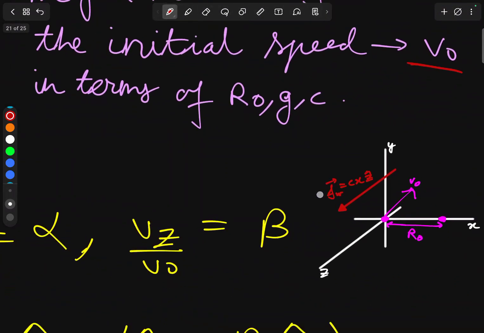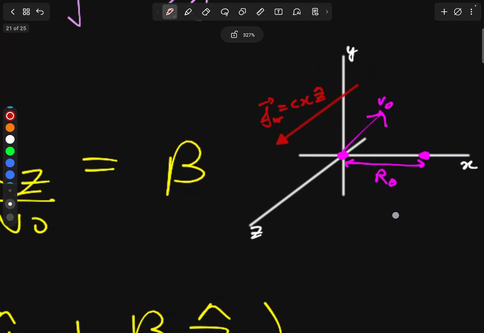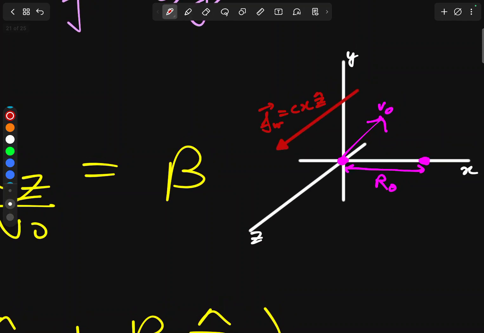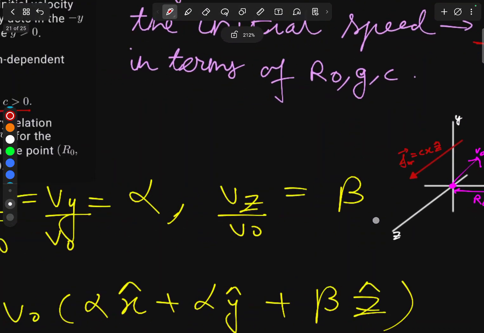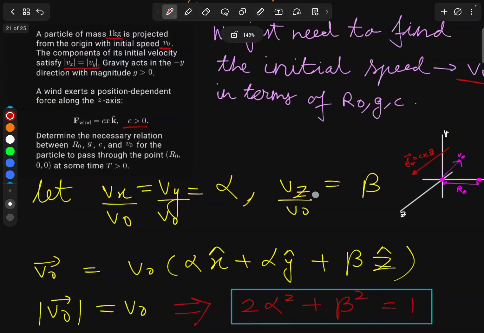So the basic diagram is going to be this, that R0 is here, and the particle is being thrown with velocity vector v0 as shown, and there is going to be a wind force vector like this.